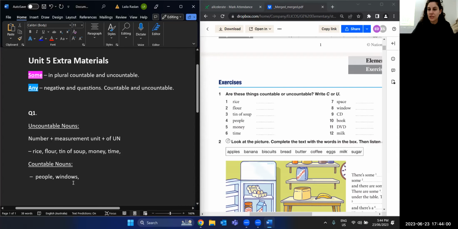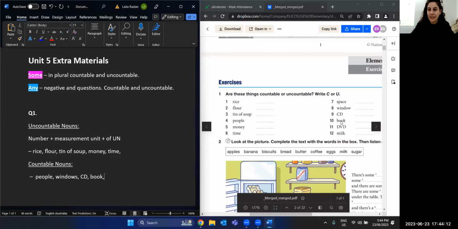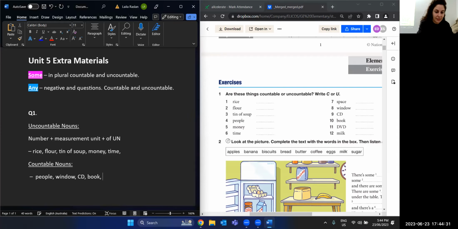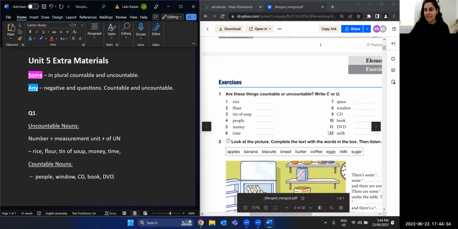Five CDs, 2 CDs, yeah, countable. So CD, book, countable, because I say 5 books, 2 books, 3 books. Remember, uncountable, I must use a unit like this to talk about more than one. So no, this one you can just put a number, 5 books, 3 CDs, 6 windows, 7 people. So it's countable. DVD, countable. I can say I've got 10 DVDs at home.